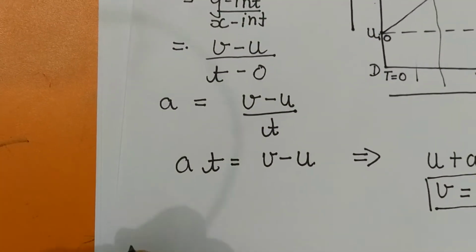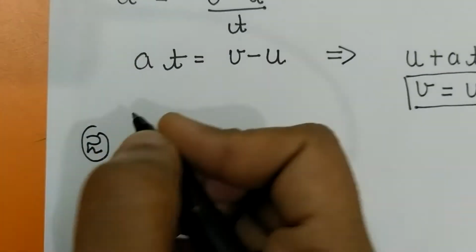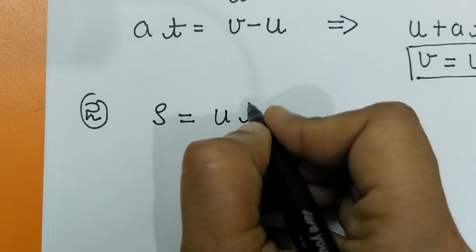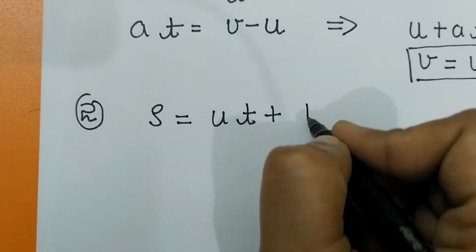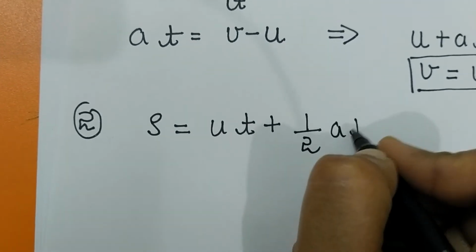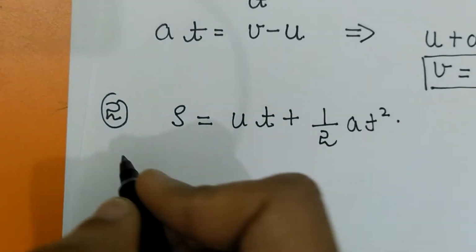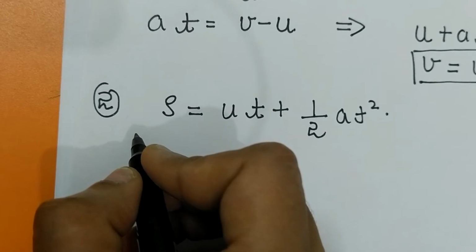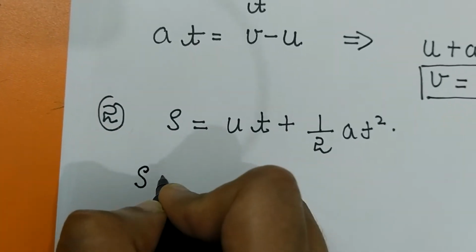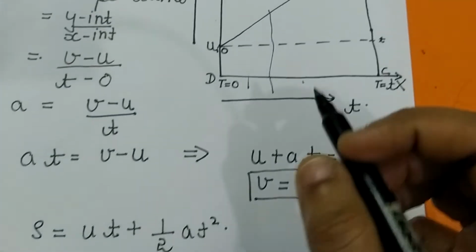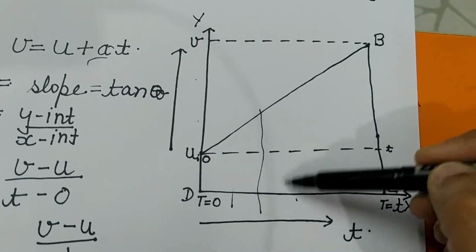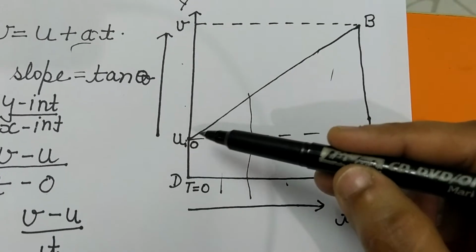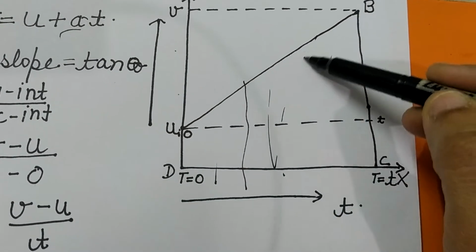Now come to the second equation of motion. The second equation of motion is s is equal to ut plus half at square. For this, the first thing we have to remember is that the displacement is always given by the area under the curve of the velocity-time graph. The area under the curve is this one.